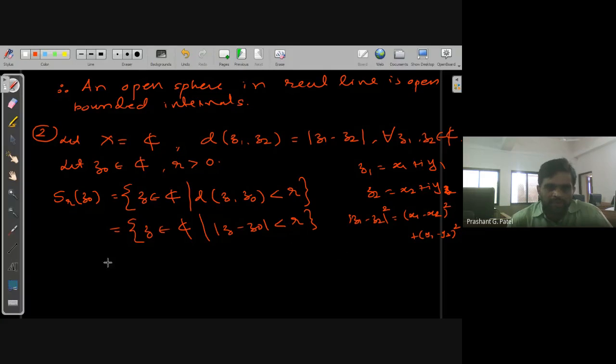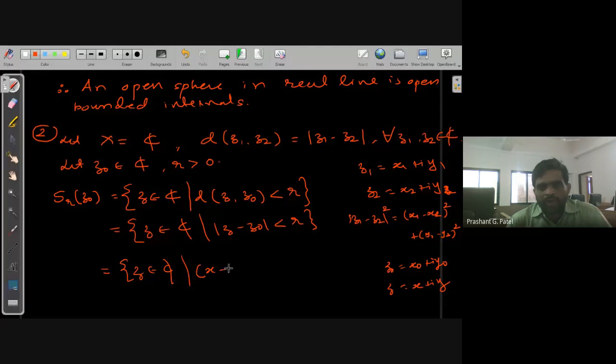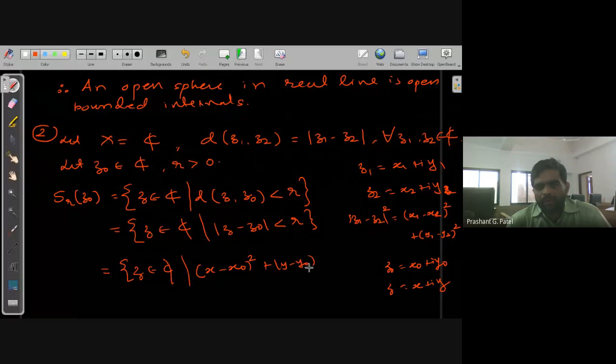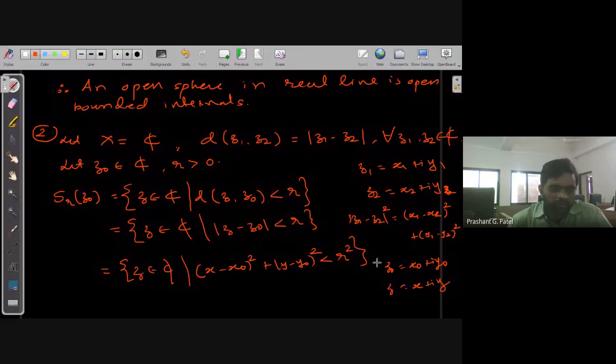So according to this, if I assume that z0 is x0 plus iy0 and z is x plus iy, then this is the set of all z in C such that (x minus x0) square plus (y minus y0) square is less than r square, if I take the square on both sides. And what will this represent geometrically?